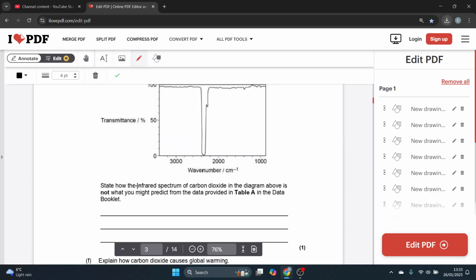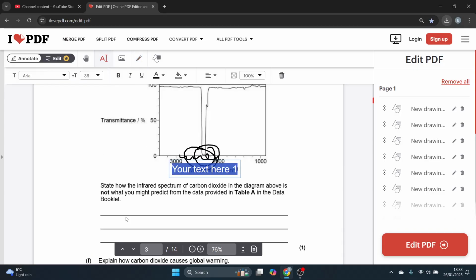Part E, state how the infrared spectrum of carbon dioxide above is not what you might predict from data provided in table A in the data booklet. Well, the absorption here is around about 2,350.